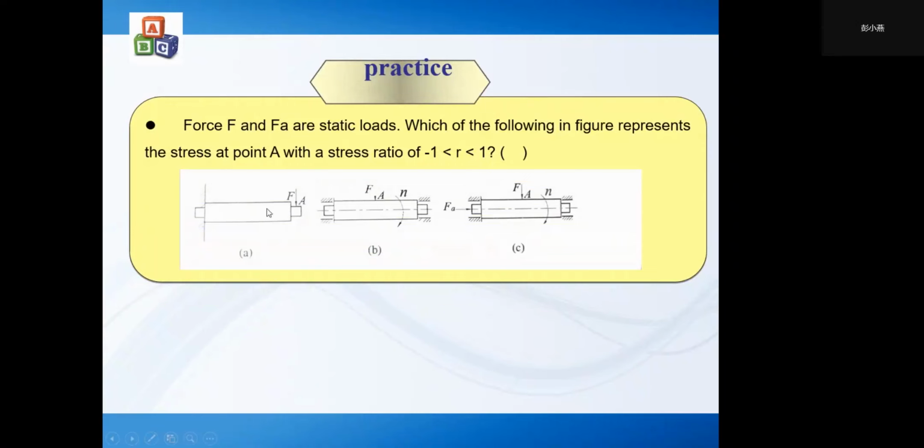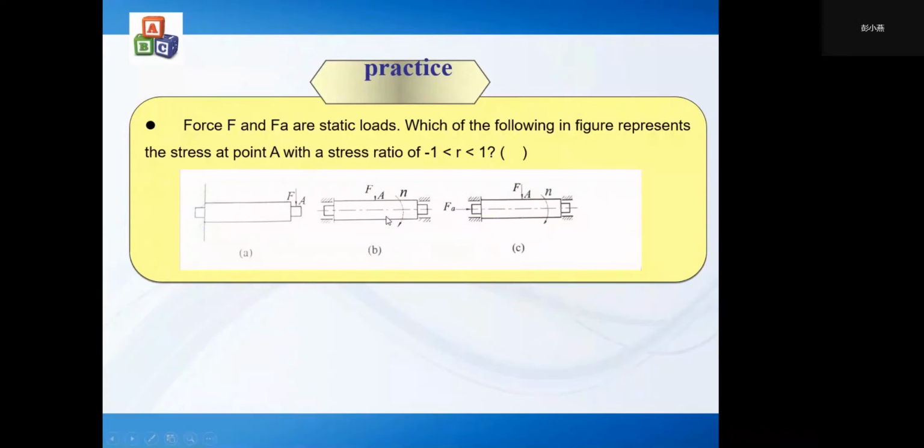For A, the shaft is subject to a bending load F. So F is a static load, and the stress is static stress.